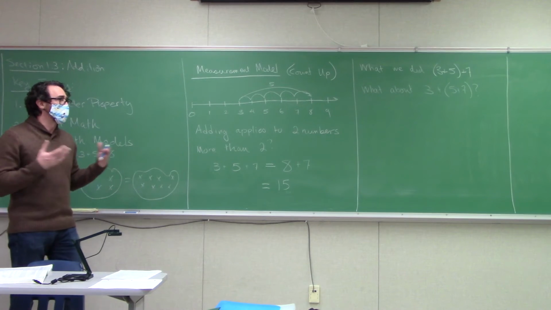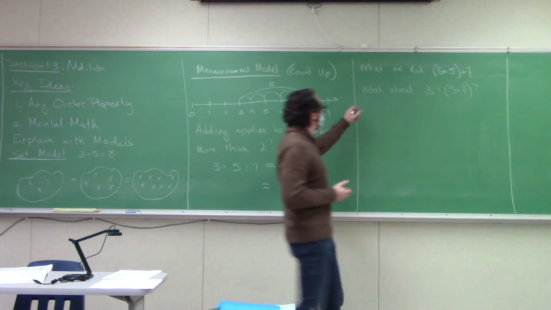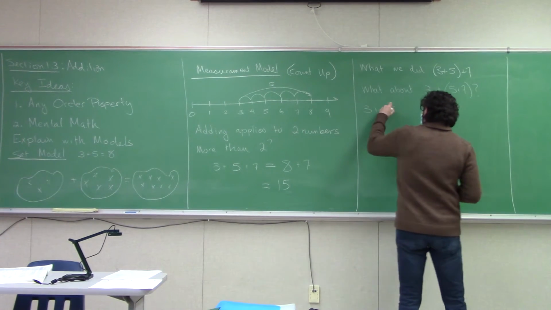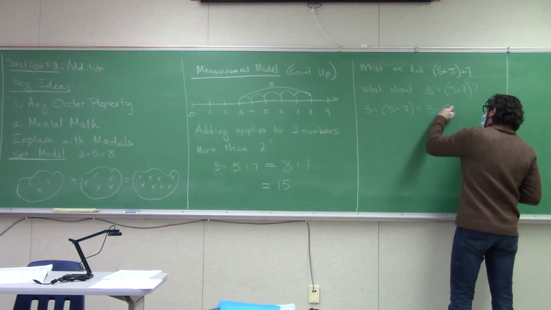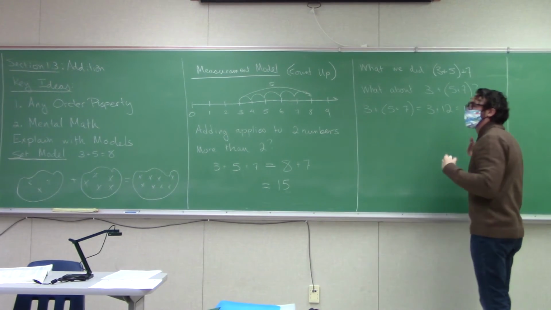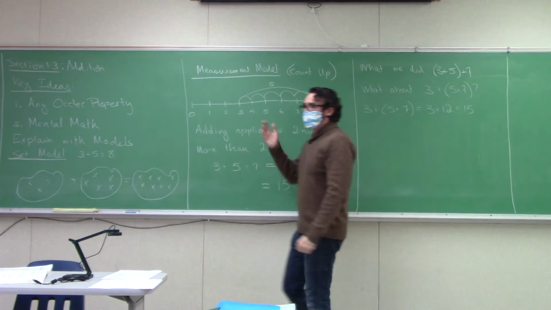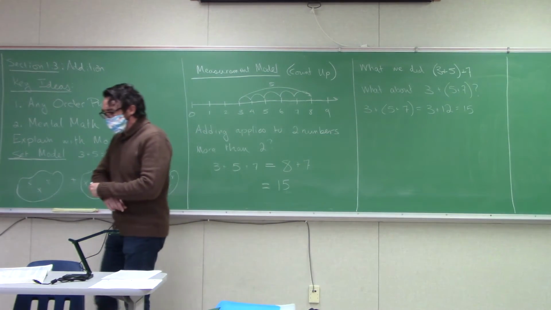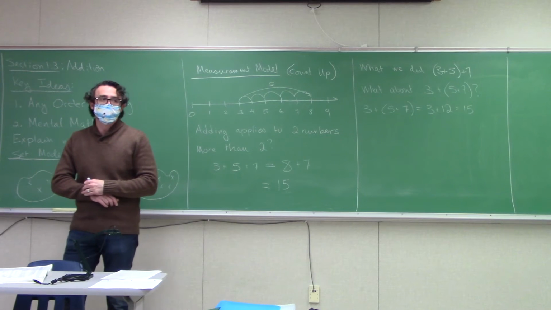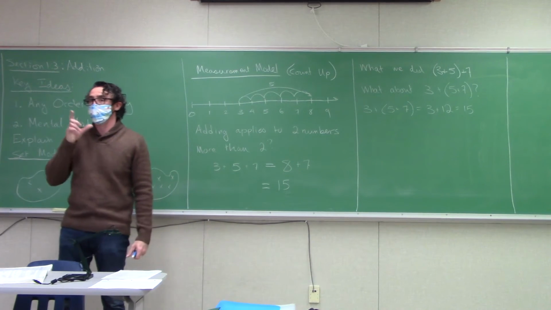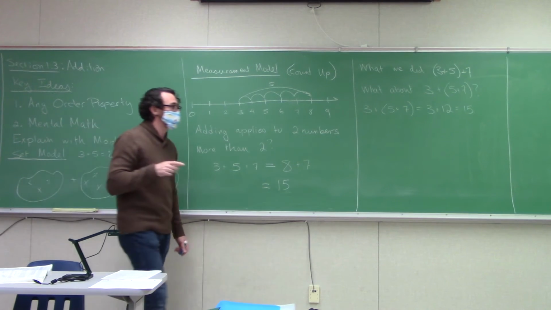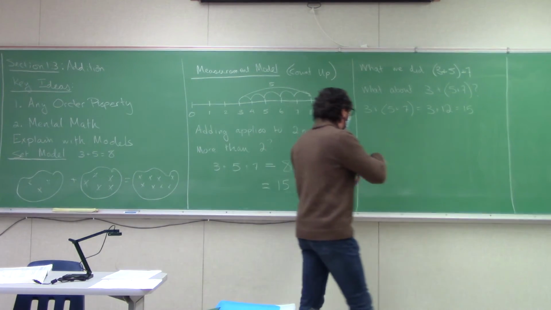So addition is very nice like that. 3 plus (5 plus 7) would be 3 plus 12, which would be 15. So we get the same answer no matter which two we group together first.